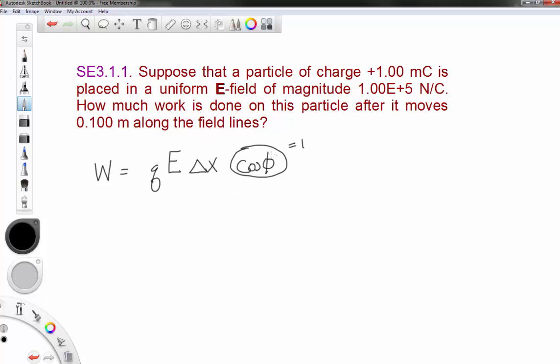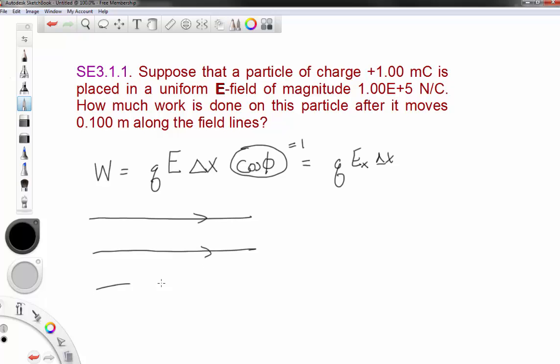E times cosine phi, by the way, is equivalent to E_x. So this whole thing is equivalent to saying E_x delta x, and that's regardless of what the value of phi is. So to draw this problem out, by the way, your field is basically something like this.